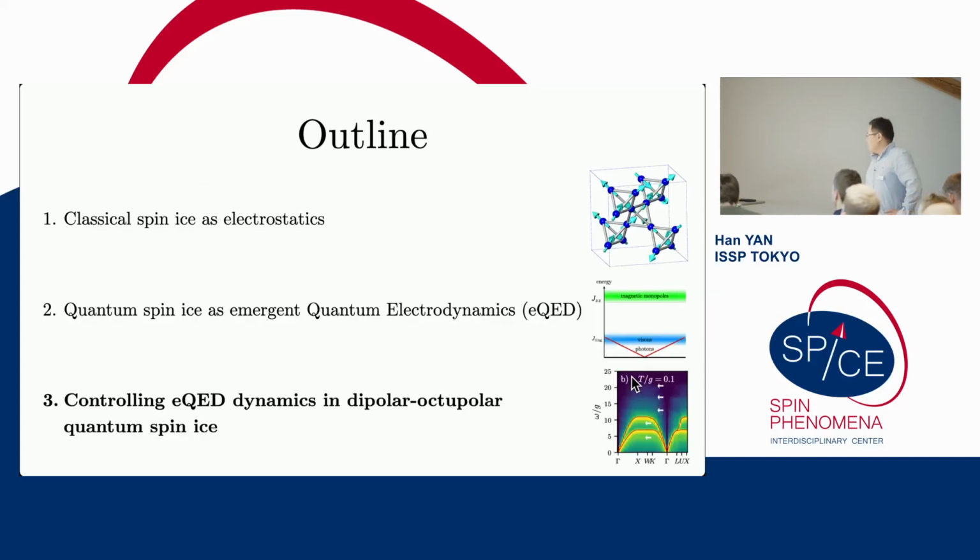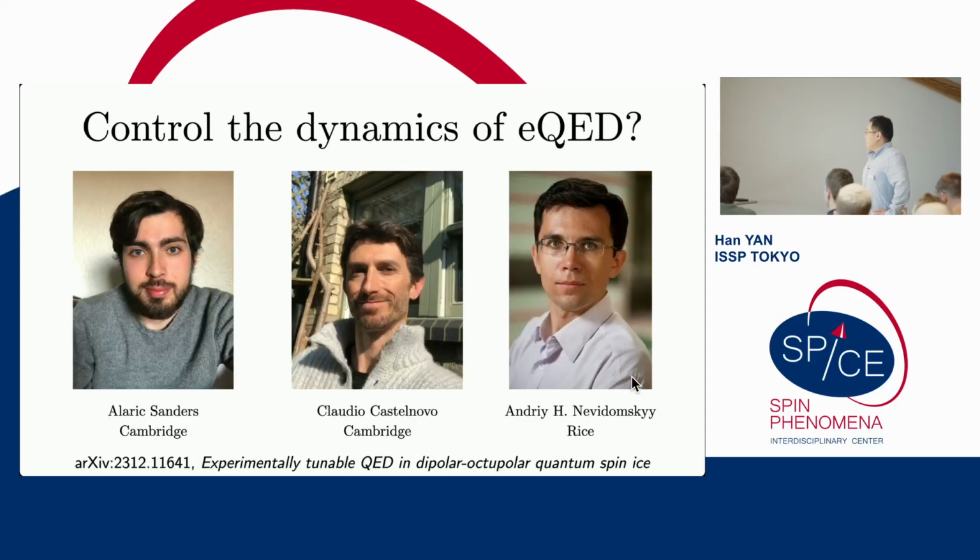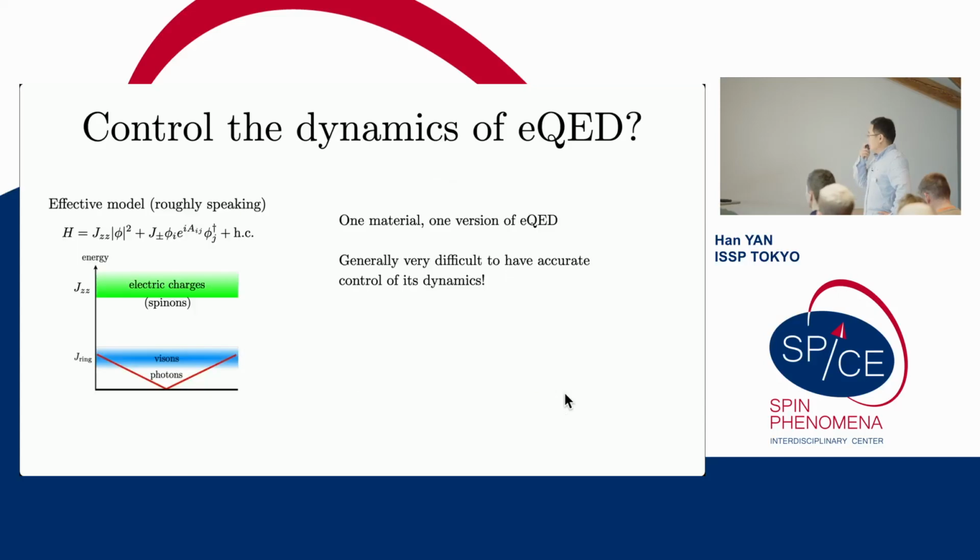Okay, so now coming to our work, in collaboration again with Alexander, Claudio, and Andre. Generally, given one particular material, all these spin-spin couplings, Jzz, J plus-minus, are fixed. So for one material, you have one version of QED, right?